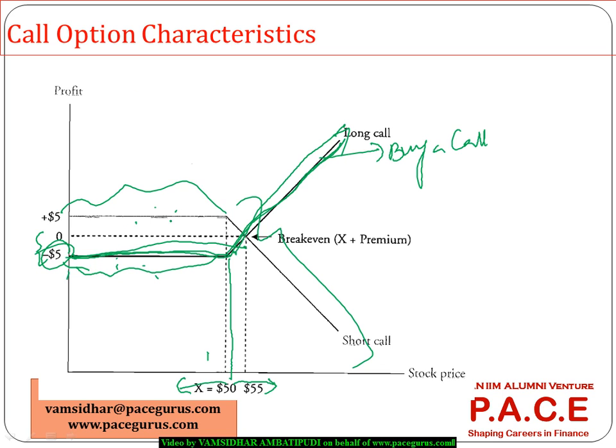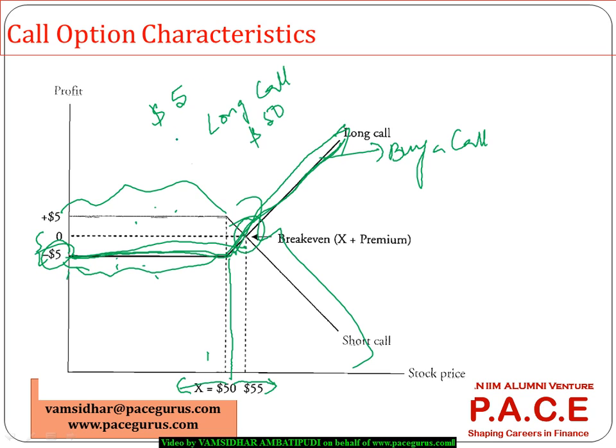Here the most common question that could be there is the break-even point. When does a person break even typically? As we are saying, let's say the premium is $5, long call, and the strike price is $50.